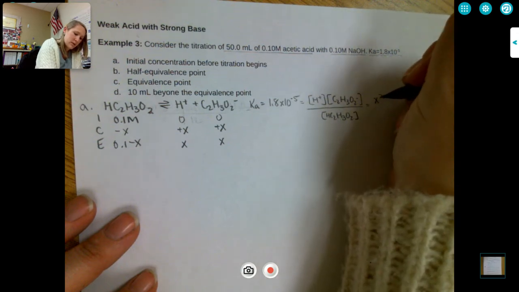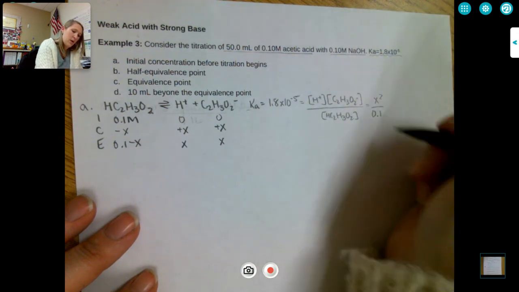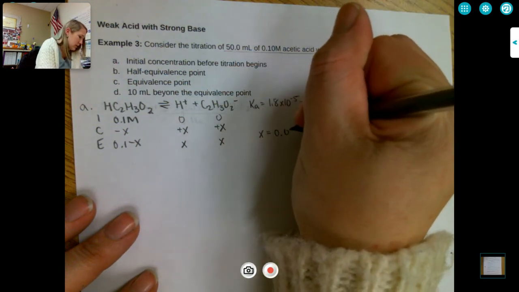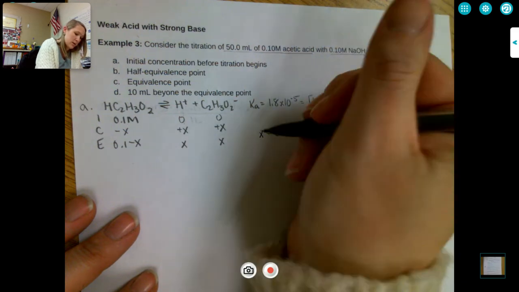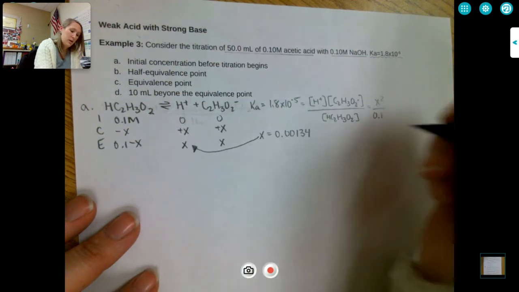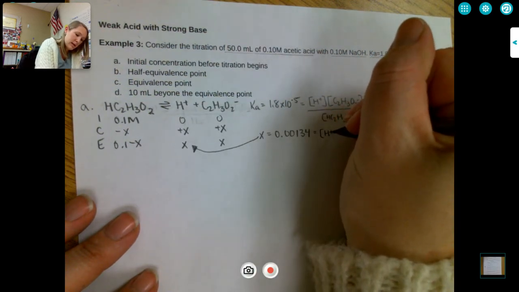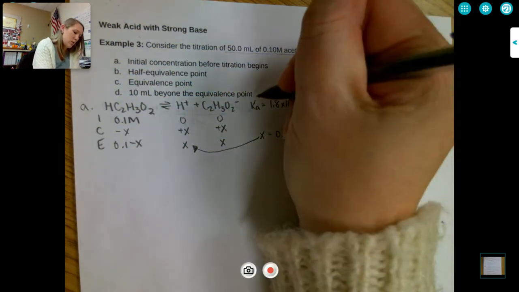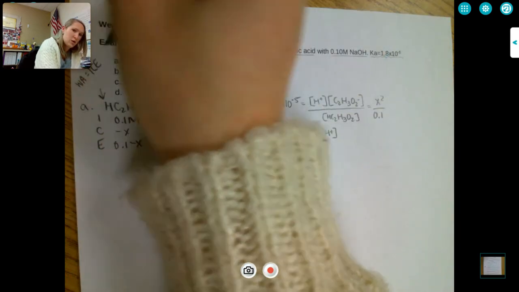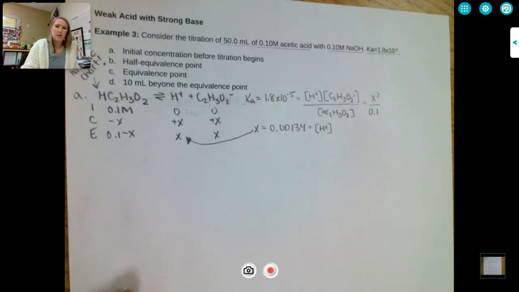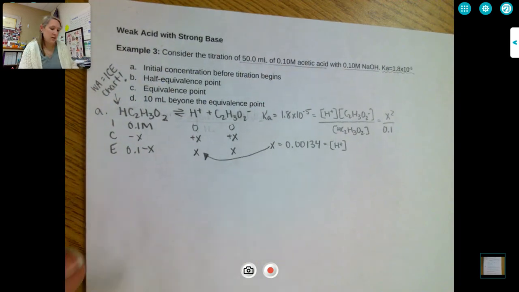So we do that, we get x squared over 0.1. When I solve for x, I find that x equals 0.00134, and x is my hydrogen ion concentration. This is equal to the hydrogen ion concentration because it doesn't fully dissociate. That's why we have to make our ICE chart. So we can make a note: weak acid equals ICE chart, have to do it.